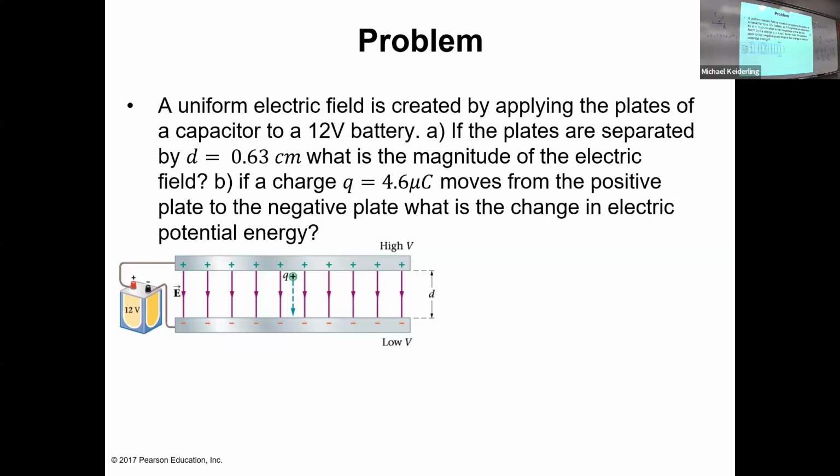Now, here we have a capacitor hooked up to a battery, something that creates a difference in electric potential. We have a 12-volt battery. So a uniform electric field is created by applying the plates of a capacitor to a 12-volt battery. If the plates are separated by a distance of 0.63 centimeters, what is the magnitude of the electric field?